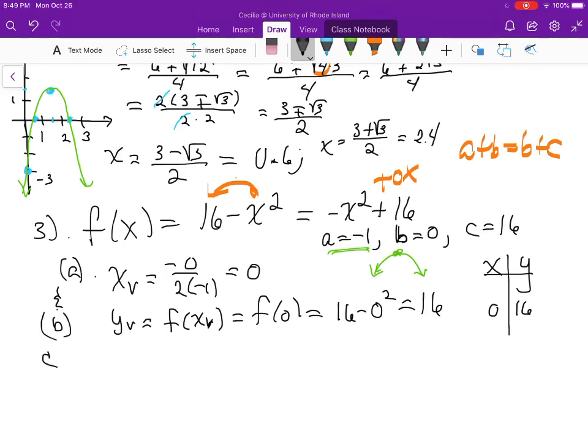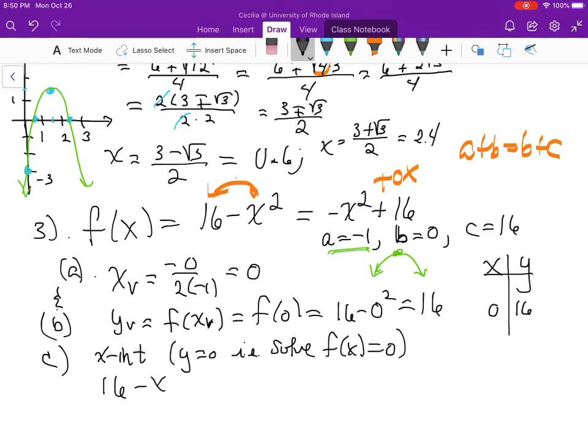Let's go ahead and go to C, which is finding where the x-intercepts are. For the x-intercepts, remember, we're going to set y equal to 0. That's the height. Or in other words, we're going to solve where f of x is equal to 0. So it's all saying the same thing.